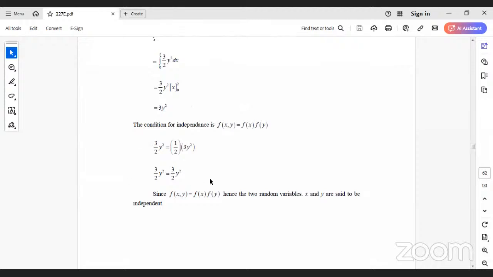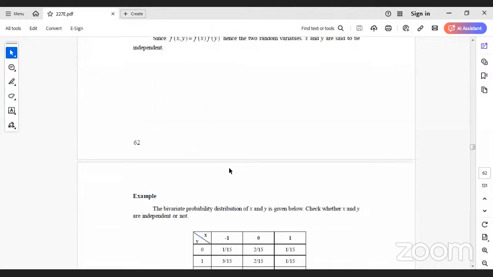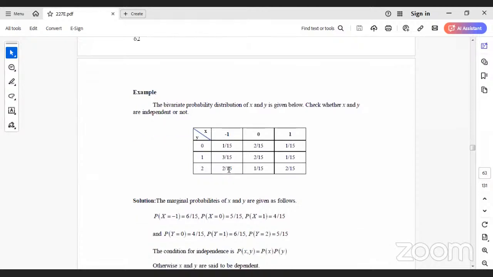Both are the same, so f(x, y) equals f(x) times f(y). Therefore the two random variables x and y are independent.